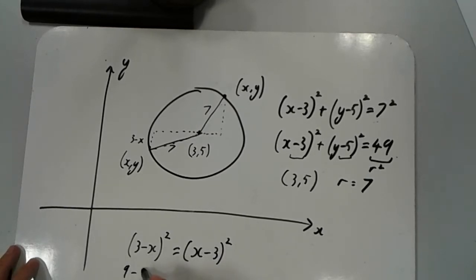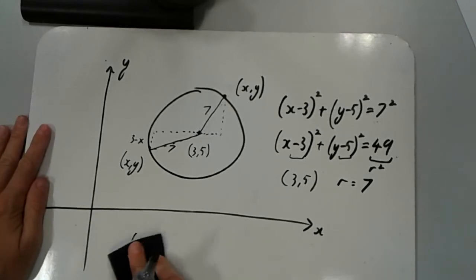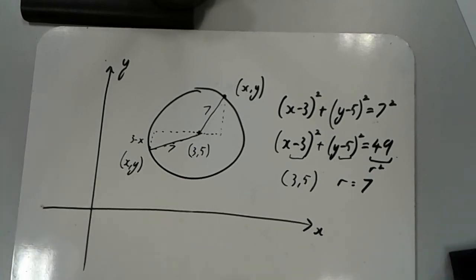Check that. Same thing, just in a different order. The same would work with the y. So that is how we get the form of the equation of a circle.